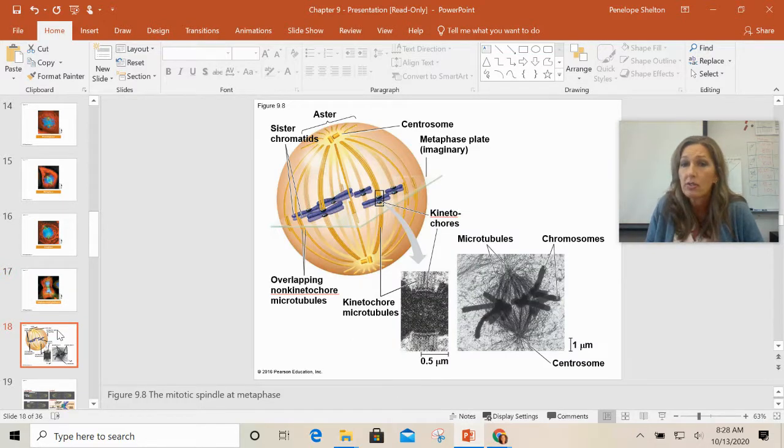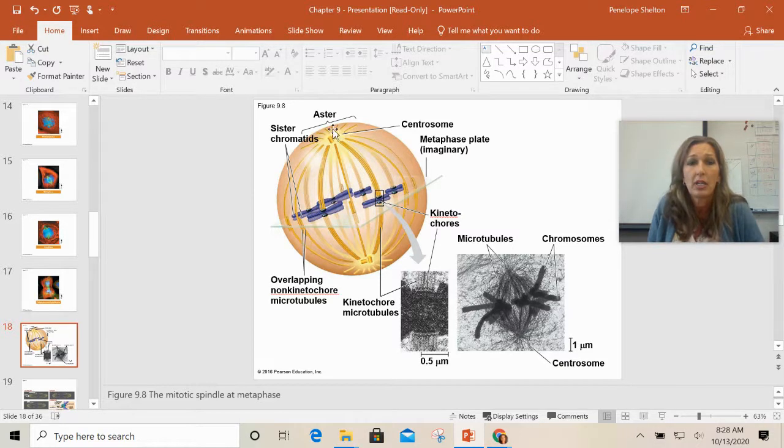A couple of things to double check that we understand about metaphase: the chromosomes line up in the middle, on the metaphase plate. This is the three-dimensional plane where the chromosomes are lined up. Also remember that animal cells have centrioles, plant cells do not.